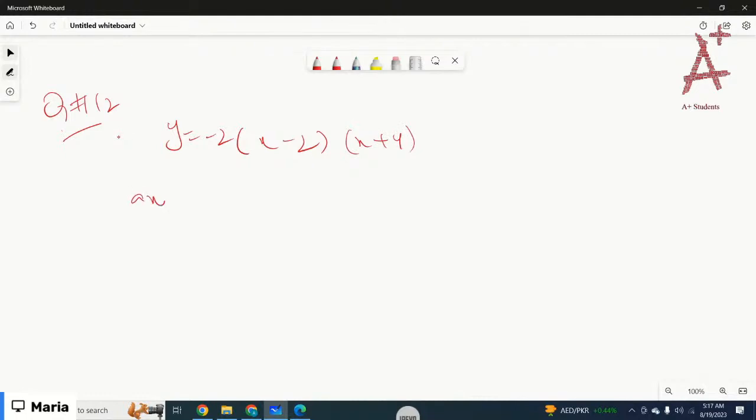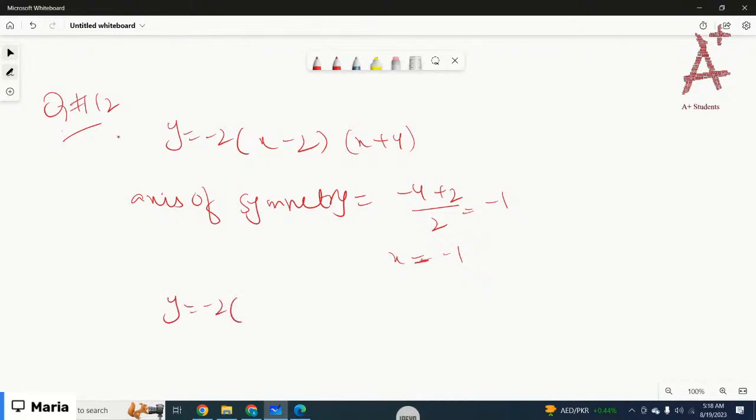The axis of symmetry would be negative 4 plus 2 divided by 2, that would be negative 1, right? That is the axis of symmetry. So you have to calculate the new vertex, right? Just use x equals negative 1 to calculate the new vertex. Just replace the x with negative 1. So it would be y equals negative 2, negative 1 minus 2, negative 1 plus 4.